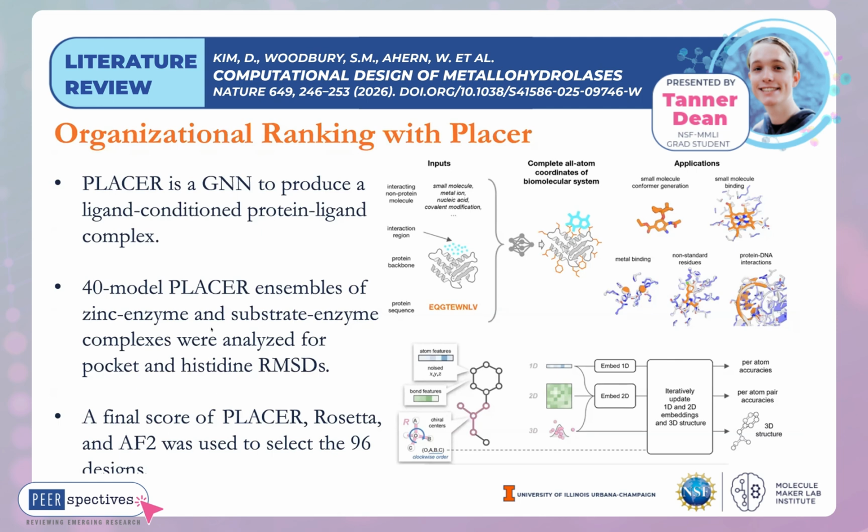And so then they defined effectively the scoring function, which is a combination of the scores from the Placer RMSDs, the Rosetta, which is just an empirical scoring function, and then some scoring function off of AlphaFold2, the pLDDT scores, was used to select the initial 96 designs.